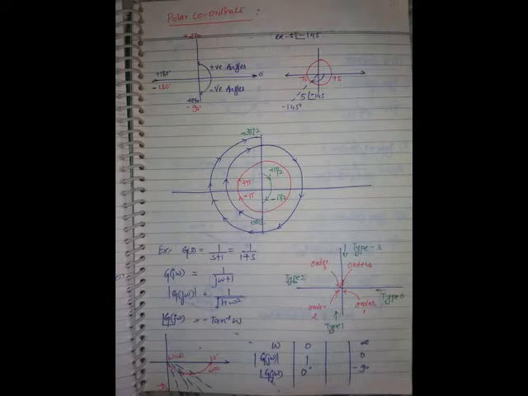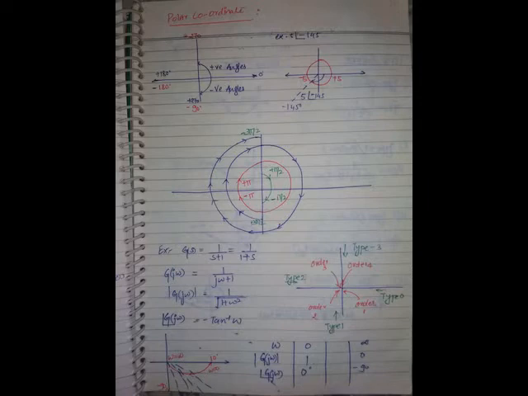So we say a type 0 plot starts from here because the angle is 0. A type 1 plot starts here because the angle is minus 90. A type 2 plot starts from here because the angle is minus 180. Type 3 will start here because the angle is minus 270.